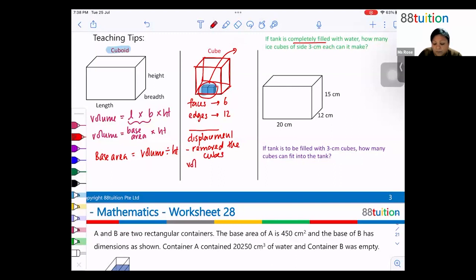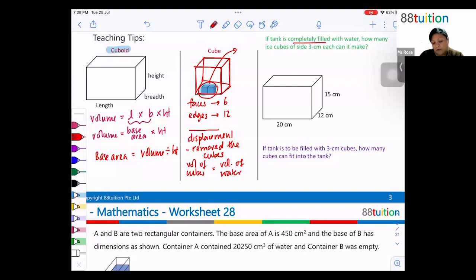The volume of the cube will be equal to the volume of water displaced. If you put in the cube, but if you take it out, the change in the water level times the base area will give you the volume of the cube.